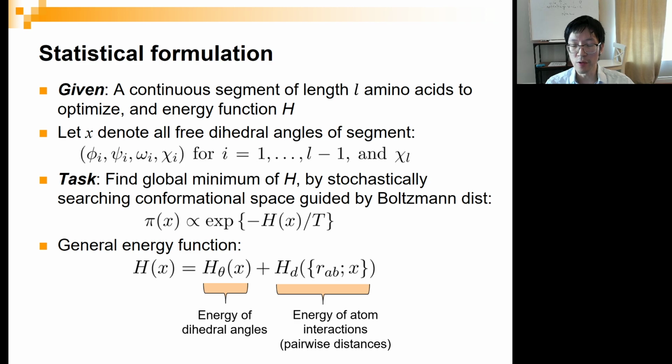And so that's modeled in the energy function with a component that governs the pairwise distances. So in 3D space, we look at the distance between each pair of atoms, okay, and then we calculate energy scores, and generally we put them together to give an overall score for the energy based on the distance interactions.